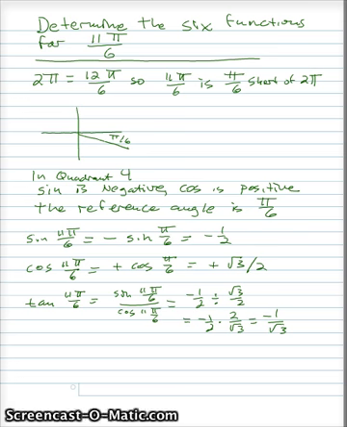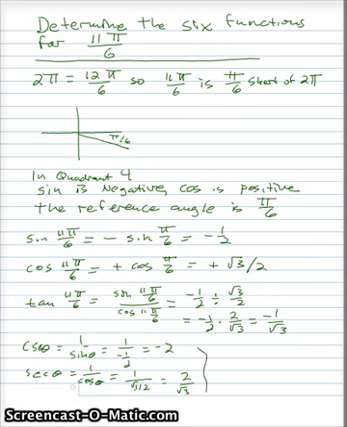Now, to get the other functions, we're going to think reciprocal. The cosecant of theta is 1 over the sine of theta, which is 1 over negative 1/2, which is negative 2. The secant of theta is 1 over the cosine of theta, which is 1 over root 3 over 2, the reciprocal of root 3 over 2, which is 2 over root 3.